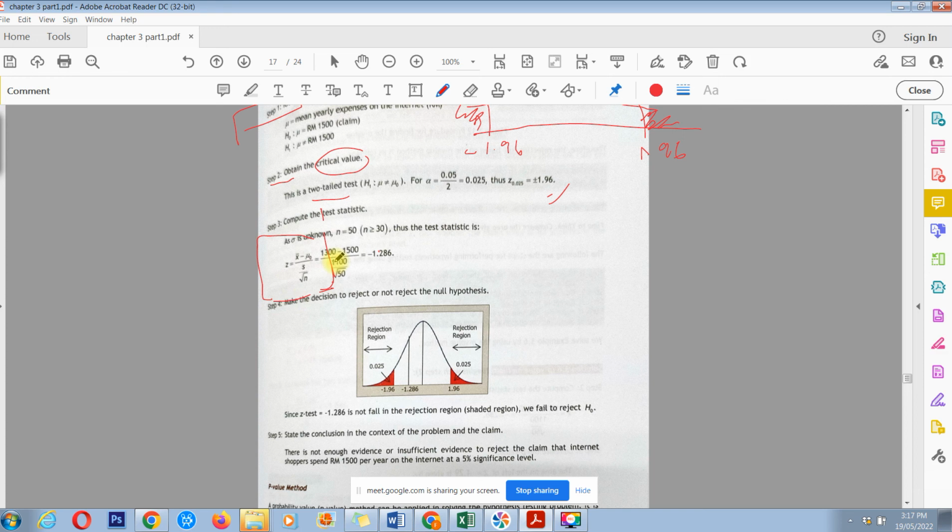So unknown data, and then we use this formula, and then we get negative 1.286. Okay, once we get this value, make a decision to reject or not to reject. So we need to identify where negative 1.286 is.